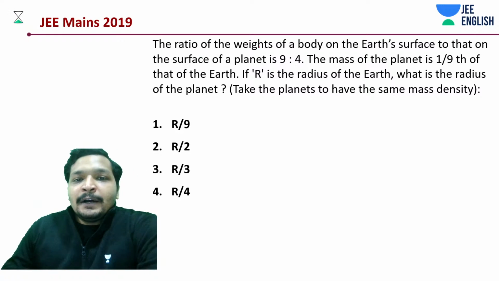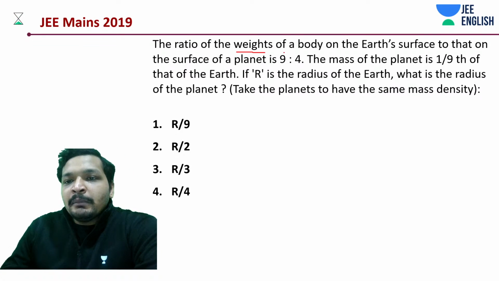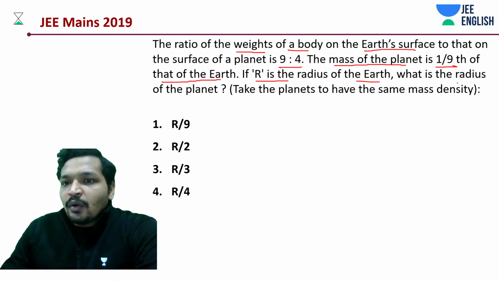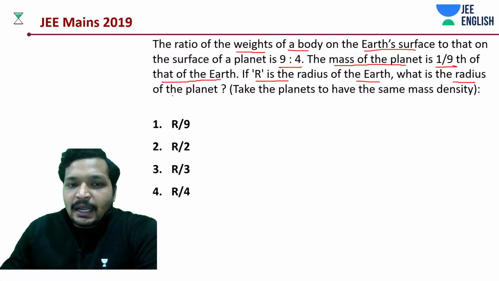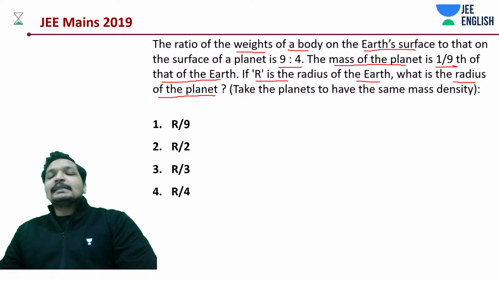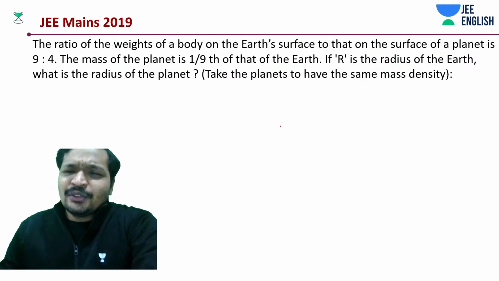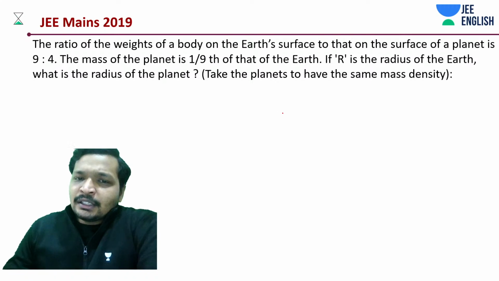We have the weight of the body when measured on Earth and that planet. It comes to 9:4. And it has been told to us that the mass of that planet is 1/9 of the mass of the Earth. If r is the radius of the Earth, what is the radius of the planet? Very simple question. If you know everything, it's a 2 minutes question.